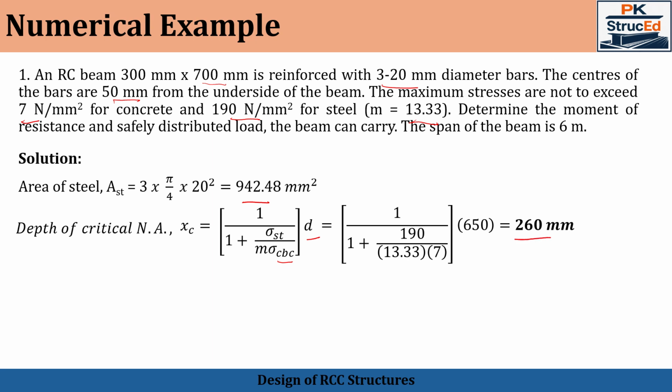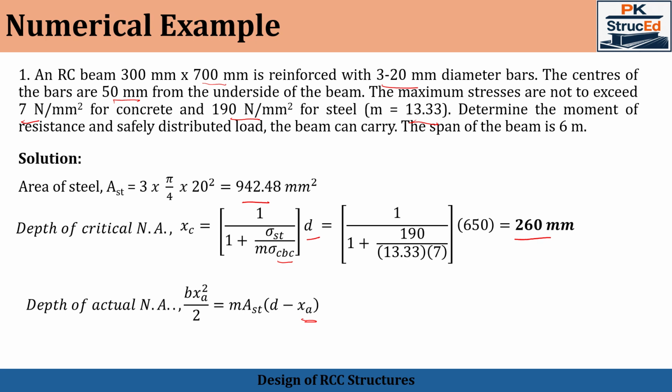Next, this has to be compared with the actual depth of neutral axis. Here, the area of the steel has been given, so we can directly use the formula b x square by 2 equals m into AST into d minus x. Since we are finding the actual depth of neutral axis, we write x as xa, the notation for the actual depth of neutral axis.